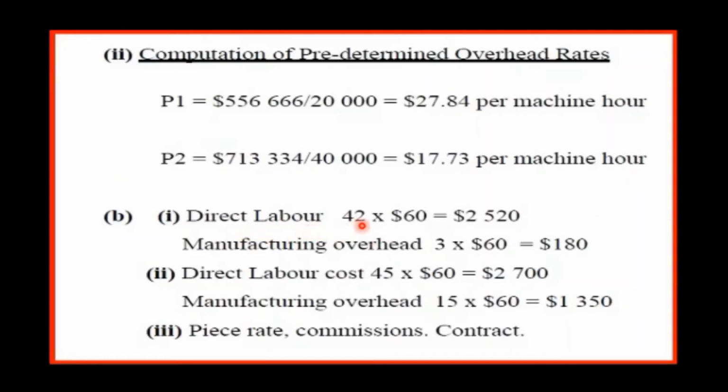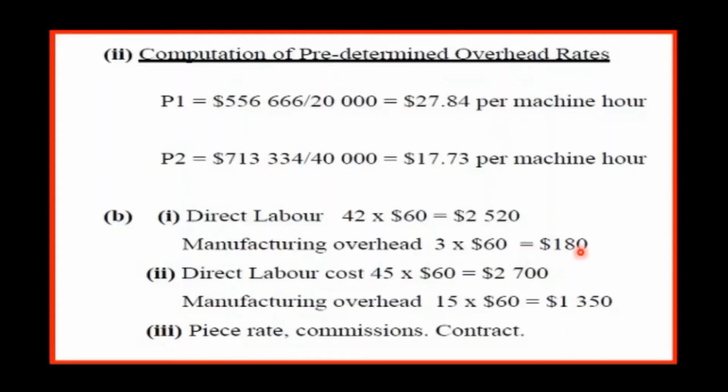Direct labor would be 42 by $60 per hour, and the manufacturing overhead would be 3 by 60, which gives you 180. Sometimes they may call the manufacturing overhead indirect labor. So we look at the next scenario.